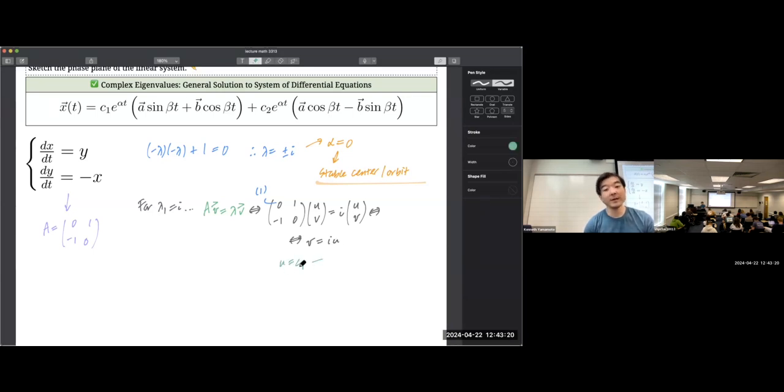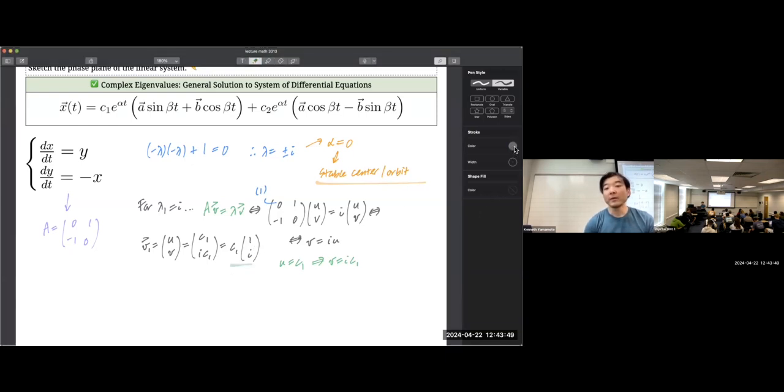It doesn't matter which one you choose to be the free variable. So u can be the free one, then v must equal i C1. Then your eigenvector is built off of (u, v), where u is C1 and v is i C1. You can pull out the C1. It's (1, i). And so that's your eigenvector.